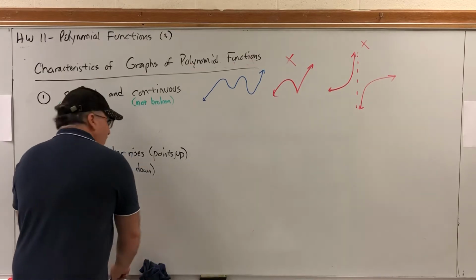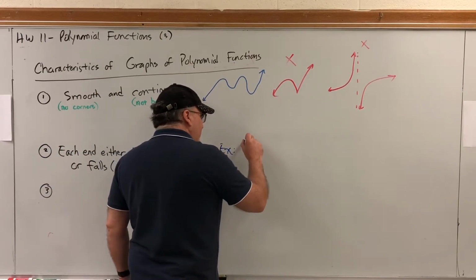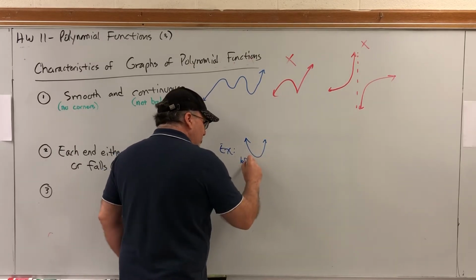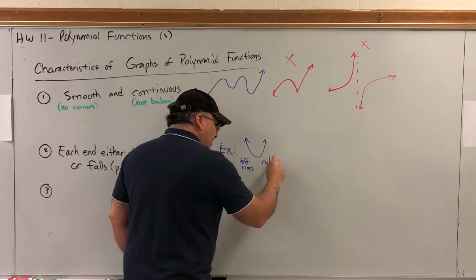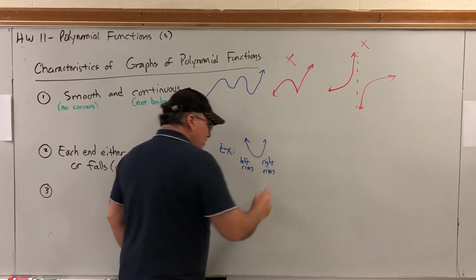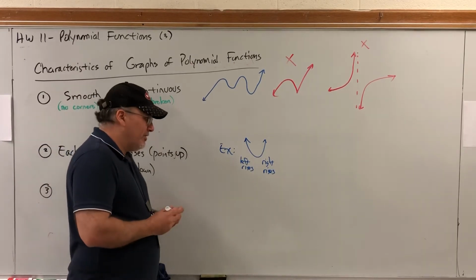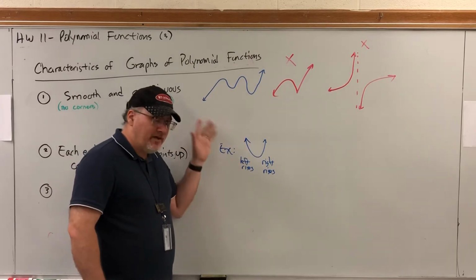So for example, if we had a polynomial function that resembled a parabola, we would say that the left rises because it's pointing up, and we would say that the right rises because the right end is pointing up. Personally, I take a little issue with this description because when you read a graph, you typically read it from left to right.